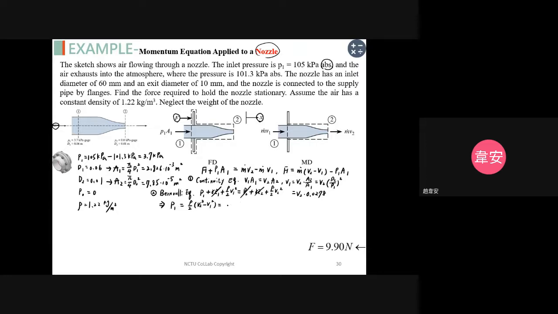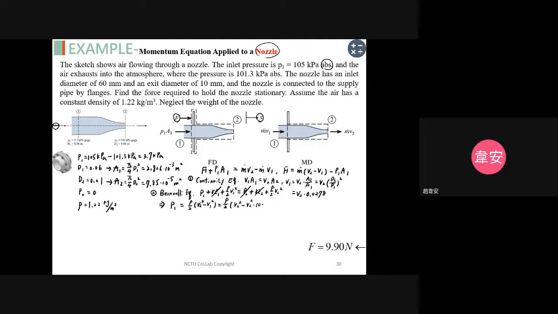And we know that V1 is equal to V2 multiplied by 0.0278, so we rewrite the equation keeping V2 squared, with V1 replaced by this relationship.